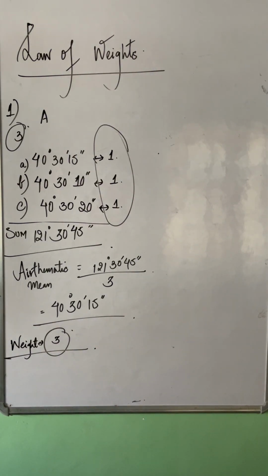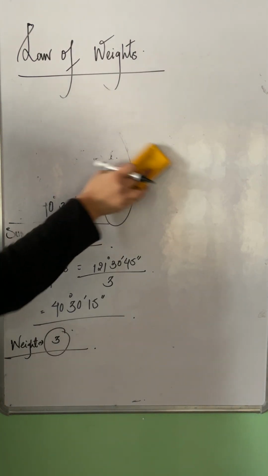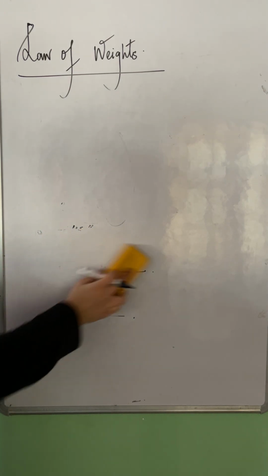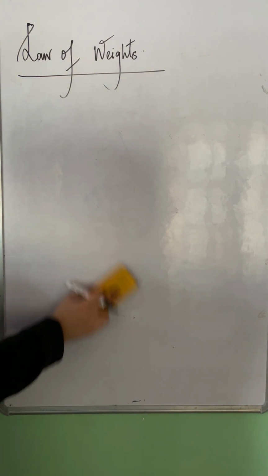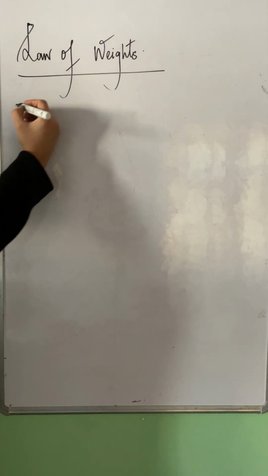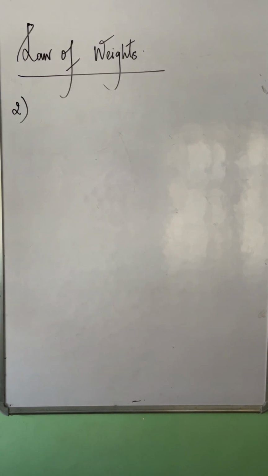Moving on, let's study the second one. The second law of weight: the weight of the weighted arithmetic mean is equal to the sum of the individual weights.